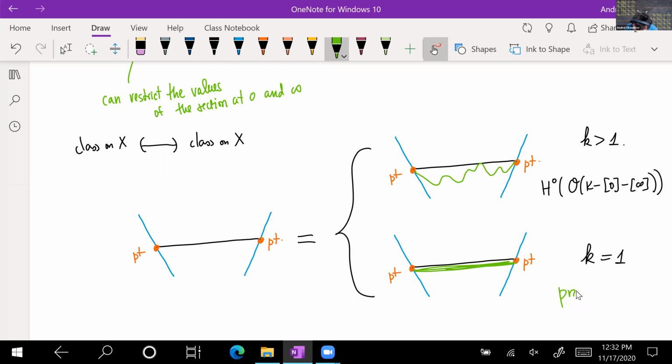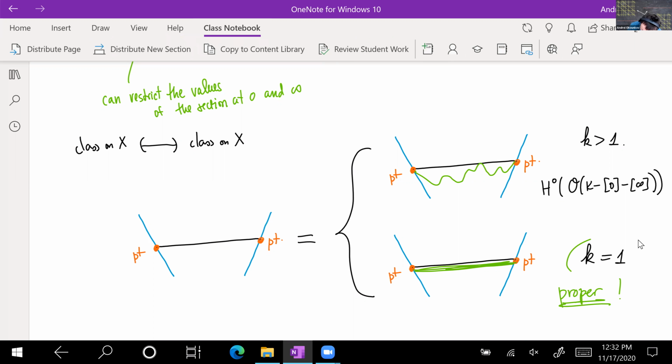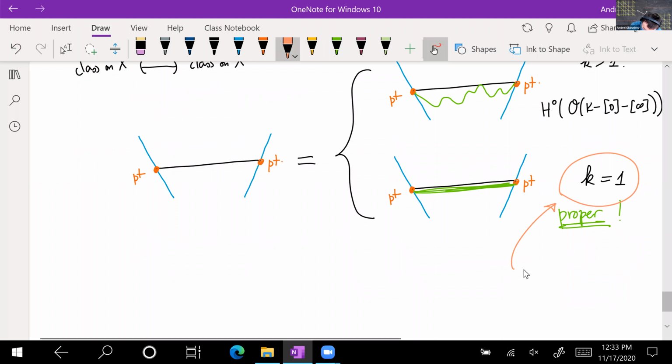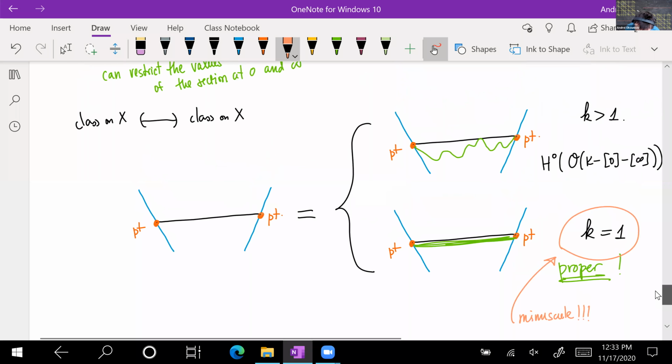And this is proper. And this K equal 1 is the minuscule condition. Okay? So this was the first approximation.